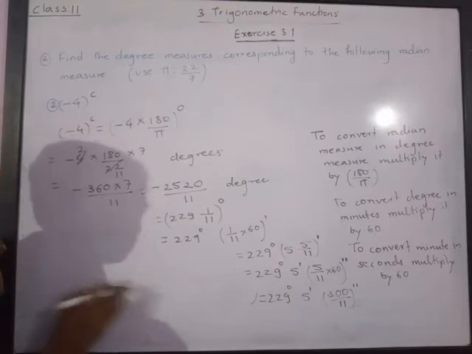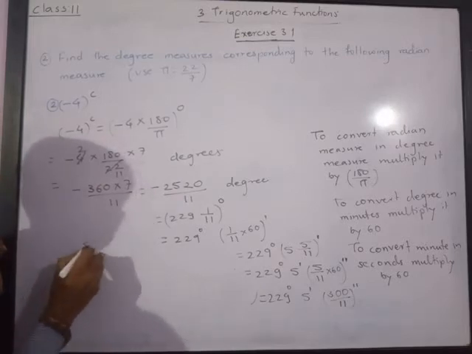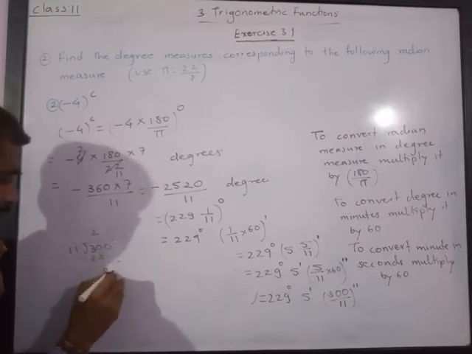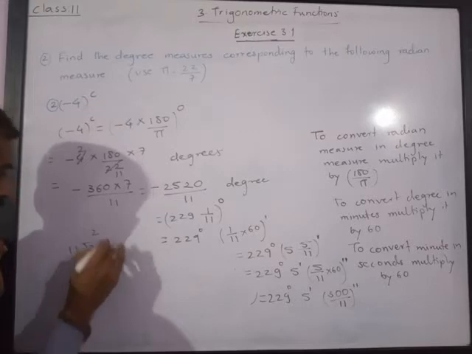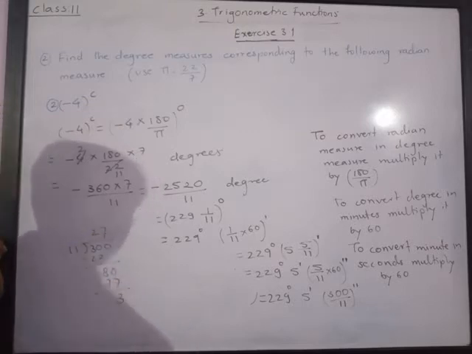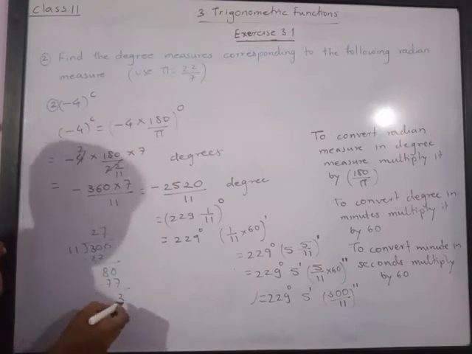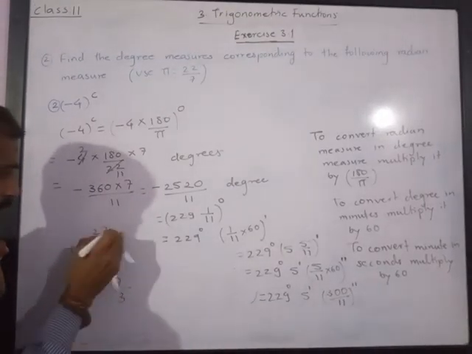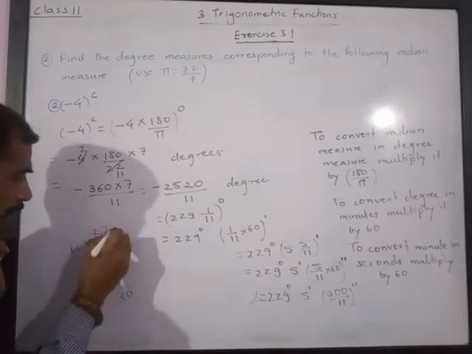So I will get 300 divided by 11. 11 twos are 22, remainder is 8. 11 sevens are 77, remainder is 3. If you go on dividing, you will get point 2.